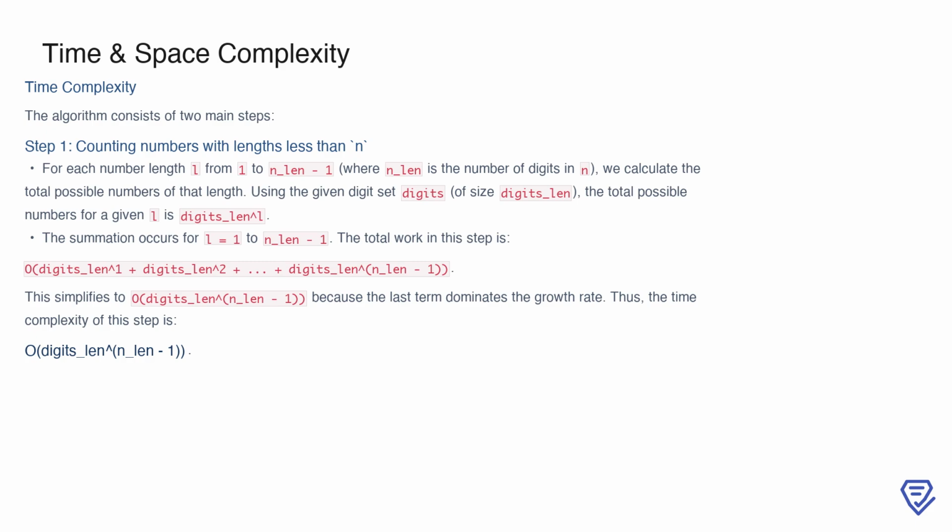By summing these combinations across all lengths, the total work involved in this step is represented as O(digits_len^1 + digits_len^2 + ... + digits_len^(n_len-1)). Since the highest power of digits_len dominates the growth rate, this step simplifies to O(digits_len^(n_len-1)).